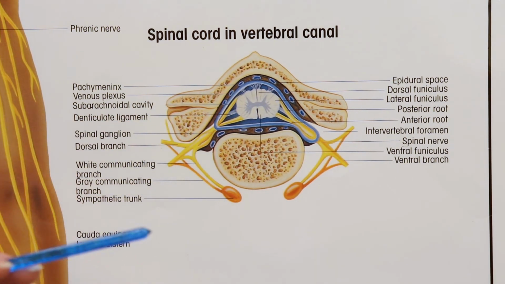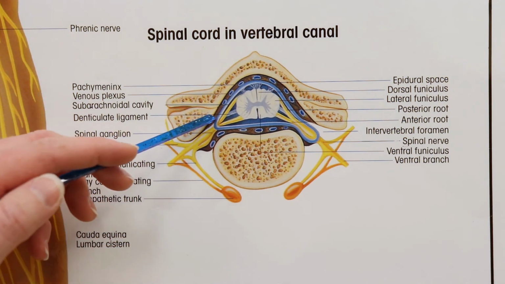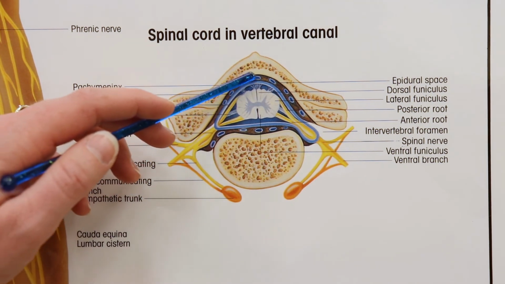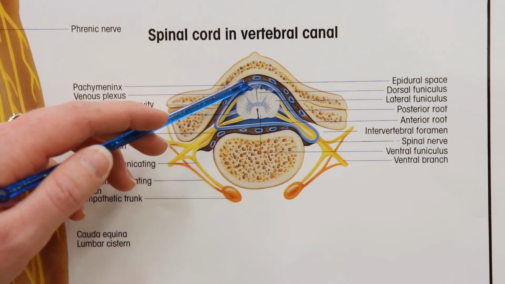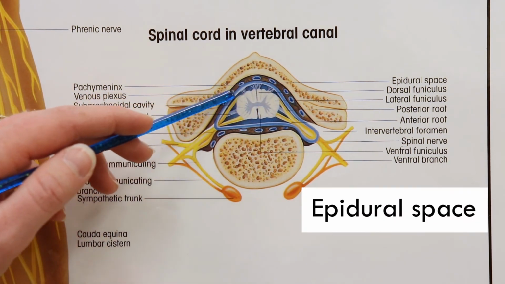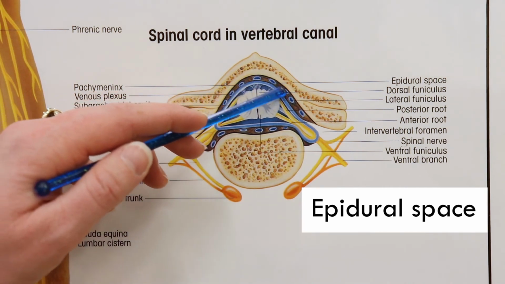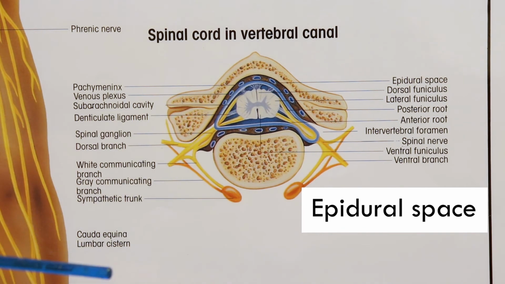Now, a couple things that are different here about the spinal meninges compared to the brain meninges is that we do have this space between the dura mater and the bone here, and this is the epidural space. And the epidural space outside of the spinal cord contains a lot of fat that's going to help cushion that spinal cord.